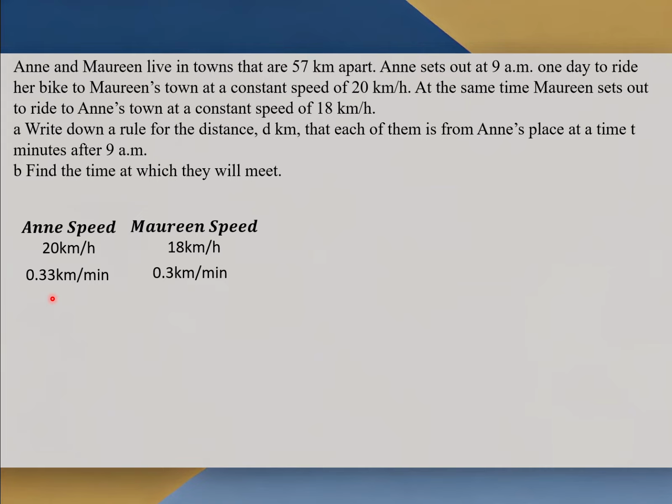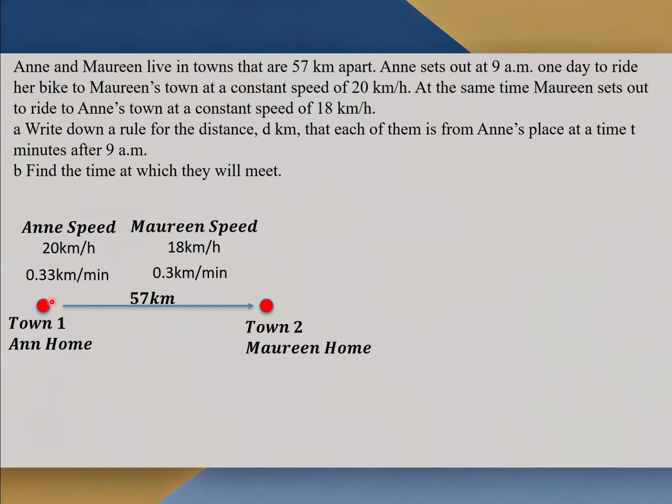So the next part, I'm just going to list down what's happening. Town 1 is where we're starting our calculations, our distance. And to go from town one to Maureen's hometown is 57 kilometres. We are using the speed rule, which I'm manipulating already to become distance is equal to speed times time.